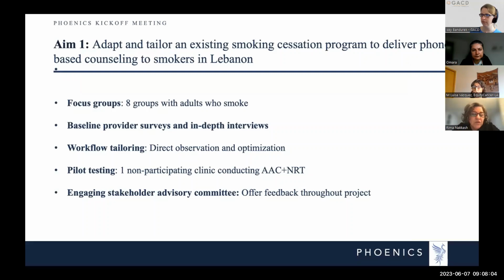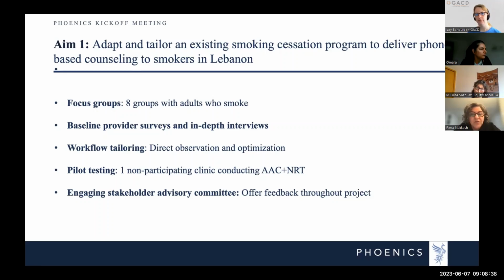What I would be talking about in more detail is Aim 1, which is currently being conducted, and the component of adapting and tailoring the intervention to the context. We have just completed 8 focus groups with smokers of cigarettes, but also smokers of water pipe, because cessation support will also have to be tailored for this mode of smoking.